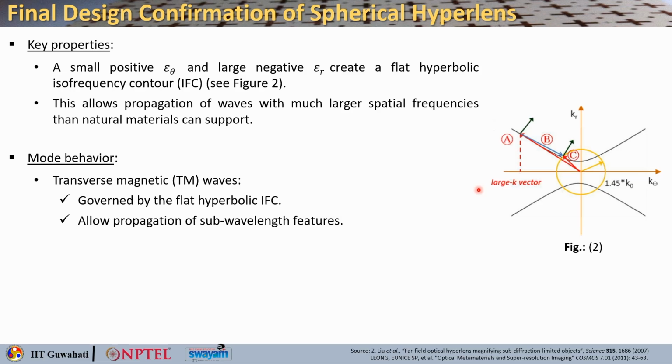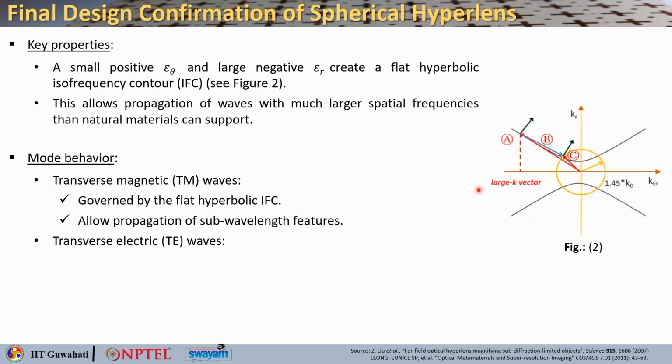You allow the propagation of the sub-wavelength features by supporting the high wave vector, and then gradually you also magnify it in the radial direction, and at a certain point when the feature is no longer diffraction limited, you can simply couple it to the normal wave vectors that allow far field propagation. So, that is how you are capturing the evanescent waves, allowing them to propagate and then converting them into the free space propagating waves.